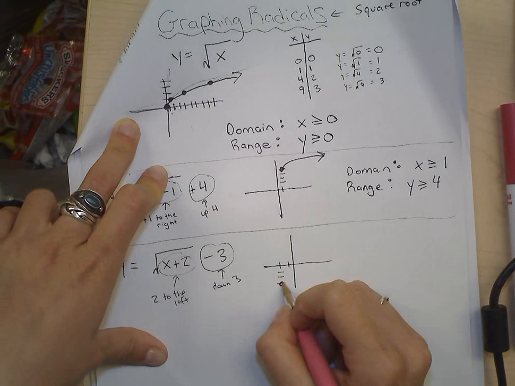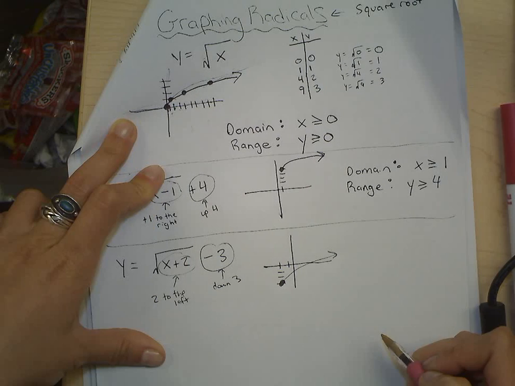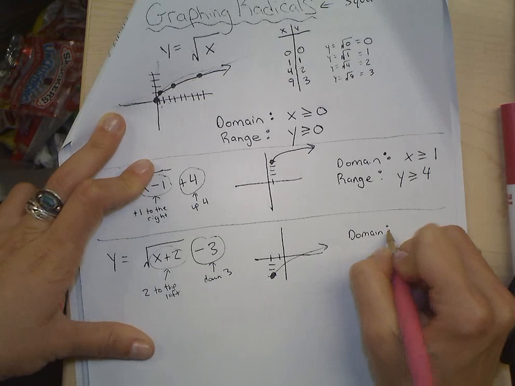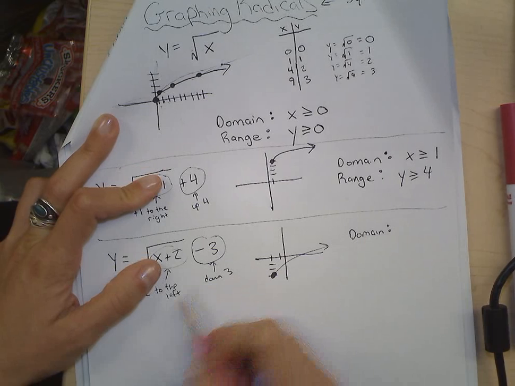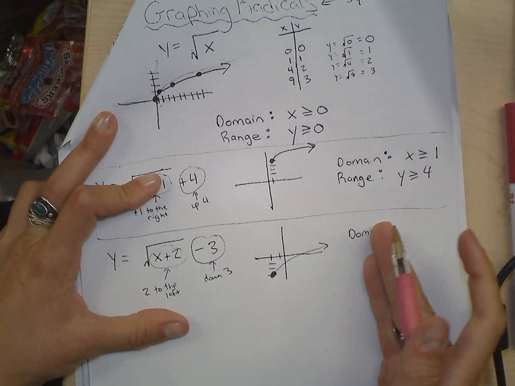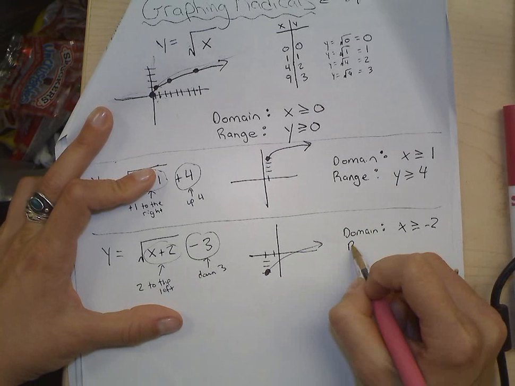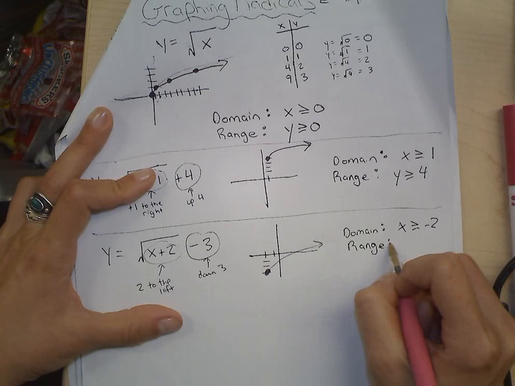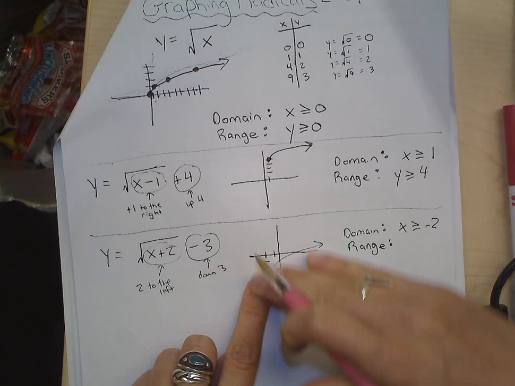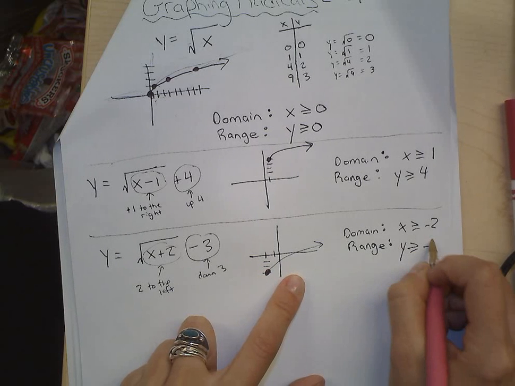I put my point there and swoosh. So for my domain, here I start at a -2 and then go to the right. So x is greater than or equal to -2. And for the range, I'm going down 3, so y actually starts at a -3 and then goes up. So y is greater than or equal to -3.